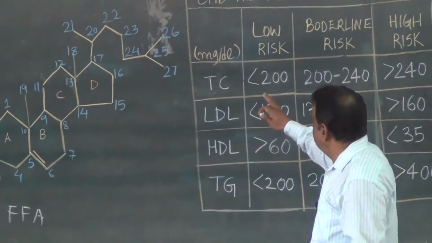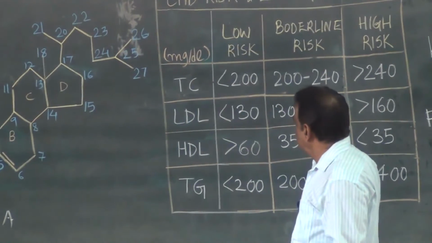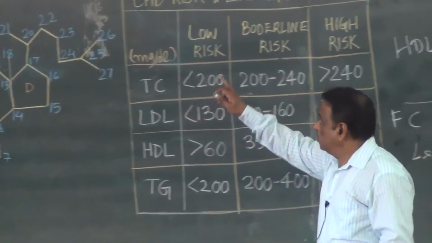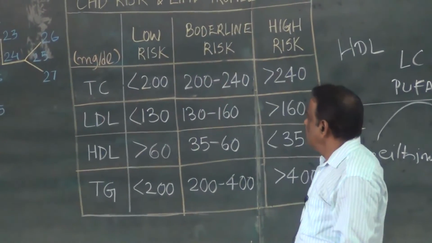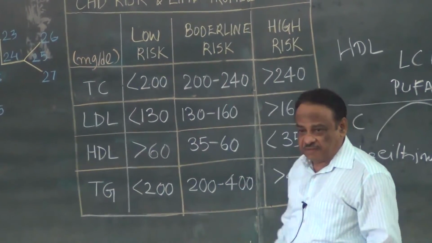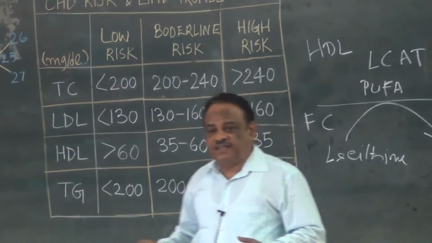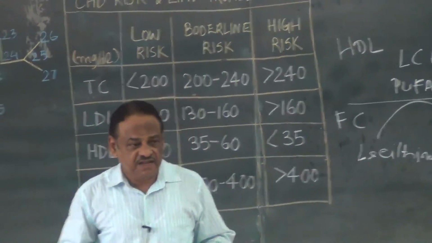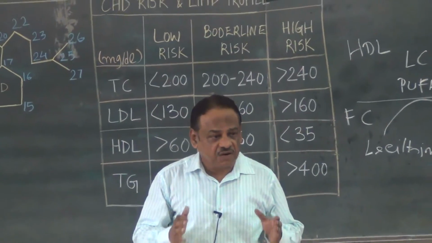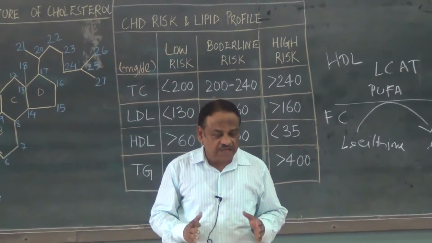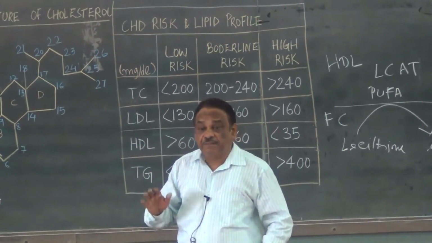Now if you look at the cardiovascular disease risk and lipid profile, to know about the risk, you have to measure some compounds in the blood or plasma, that is known as the lipid profile.